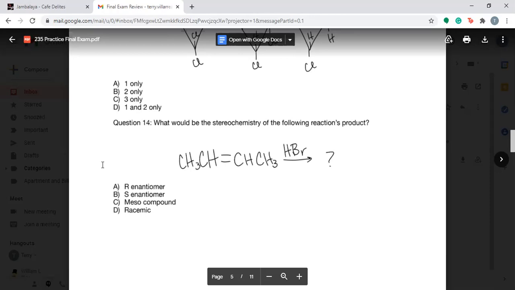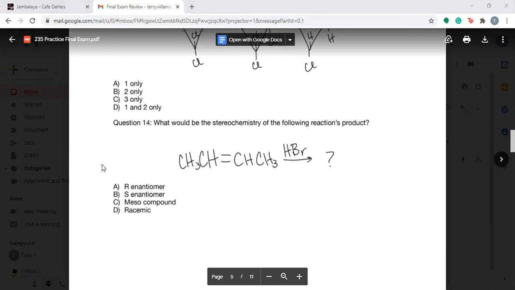So which one do you guys have for this one? Yes, remember, what do you form in the first step?